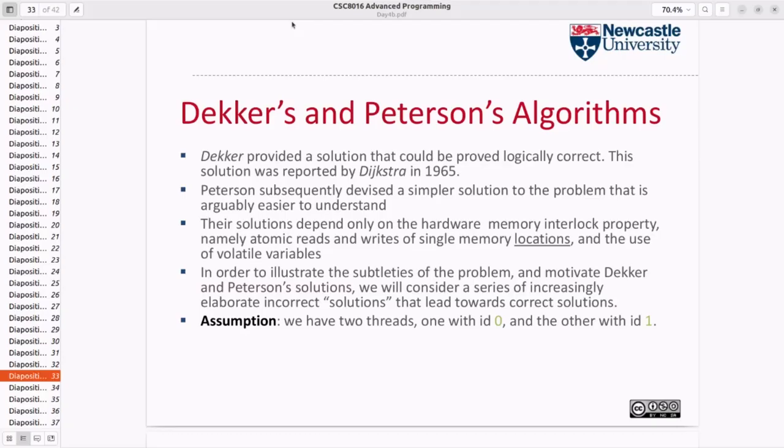Here they are also using the assumption that you have some kind of interlock property, and atomic read and write operations on single memory locations. That is actually the only assumption. You're not even using test-and-sets or anything at all, just atomic operations on single variables, so they can also be implemented in straight, plain Java.